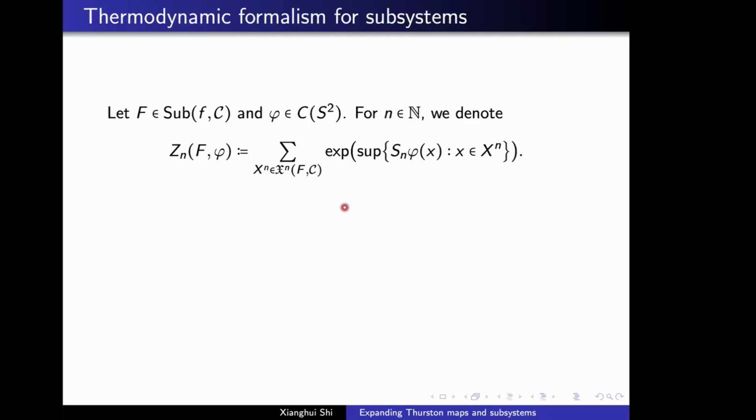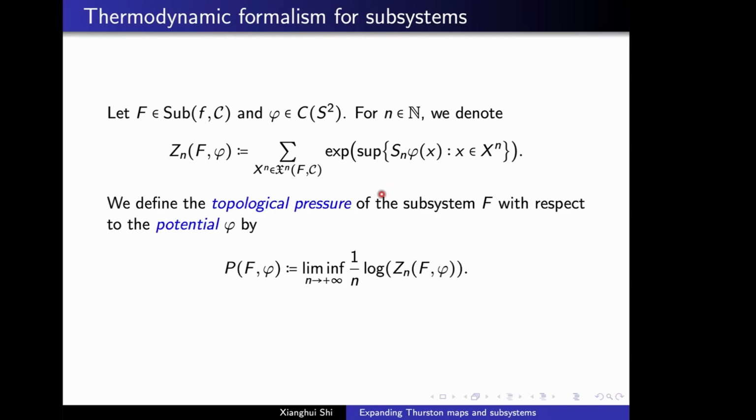Next, we develop the thermodynamic formalism for subsystems. Here we consider a subsystem capital F and a continuous function phi. For each n, we denote by Z_n(F, phi) the partition function, which is the summation of the exponential of S_n phi over the entire X_n. Then we define the topological pressure of the subsystem F with respect to the potential phi by this.